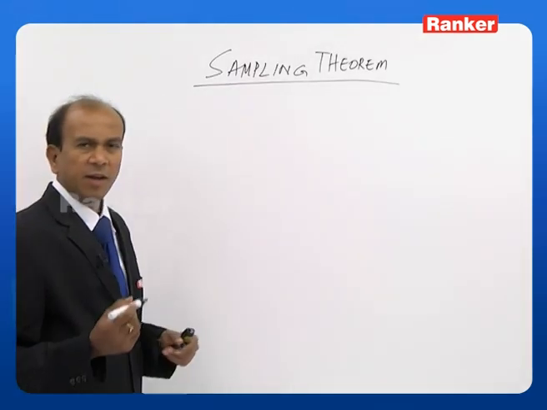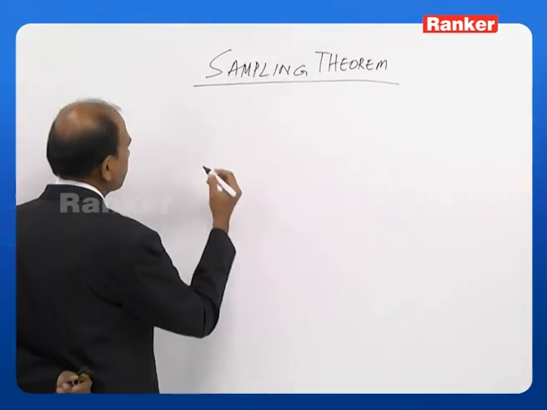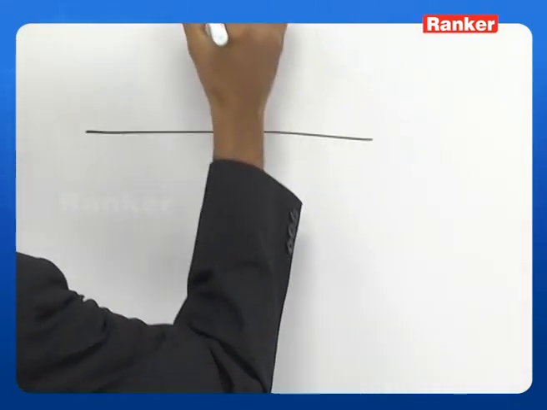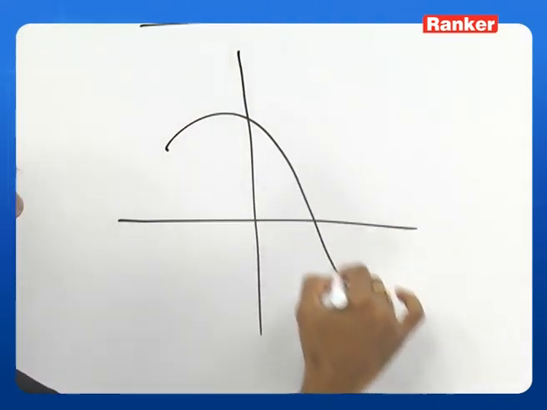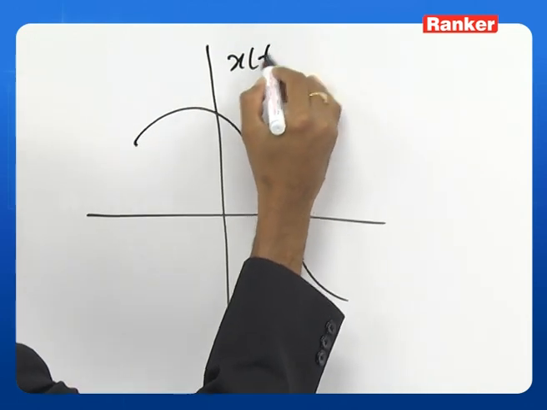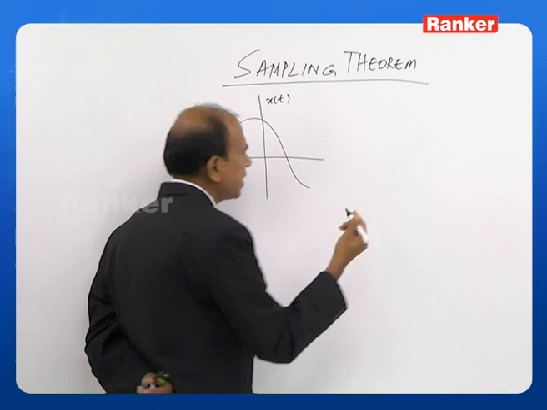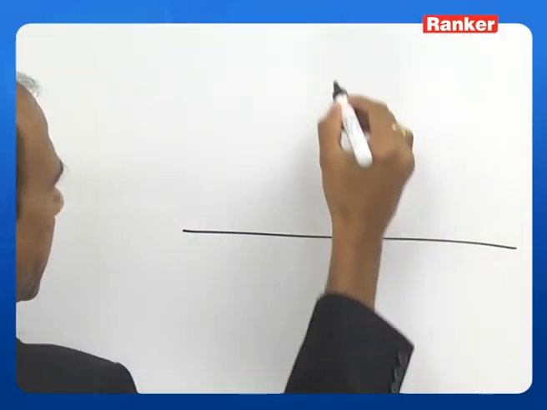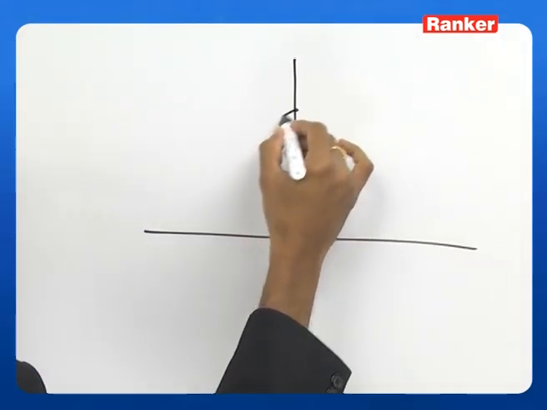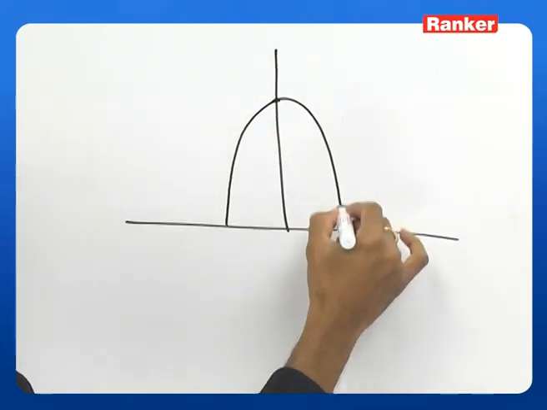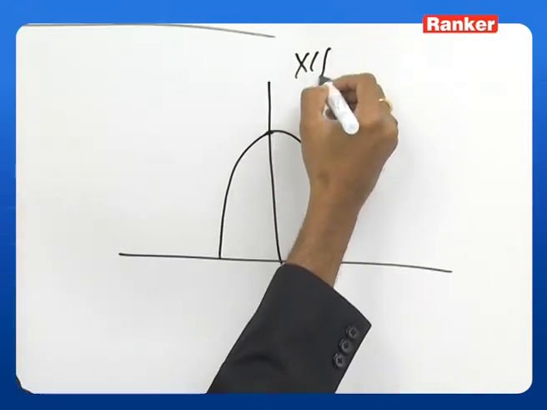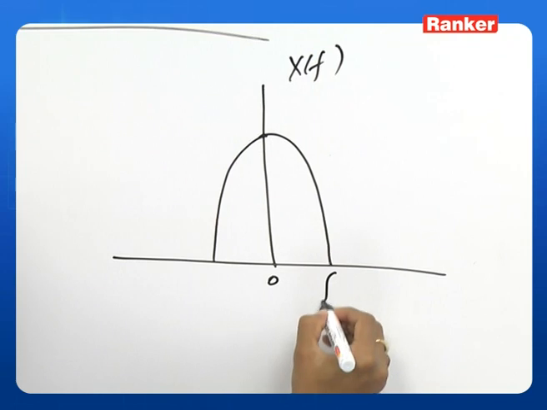First of all, let us represent x of t here. Let us say this is a continuous time signal. So, I have some signal like this. This is my x of t. It will have a Fourier transform X of f. Let us say the Fourier transform of that will be like this. This is my X of f, and this is the maximum frequency Fm.